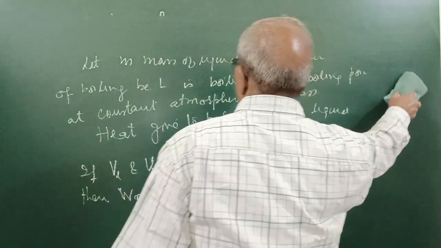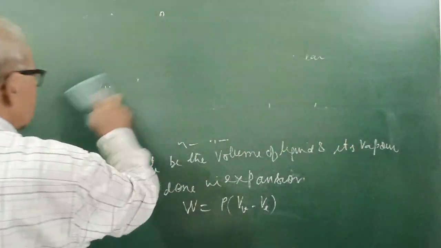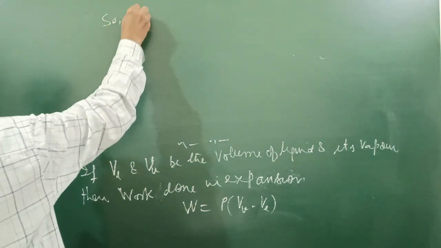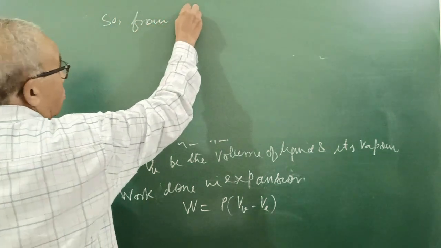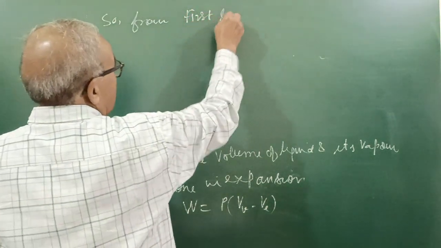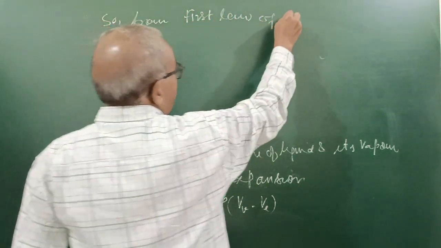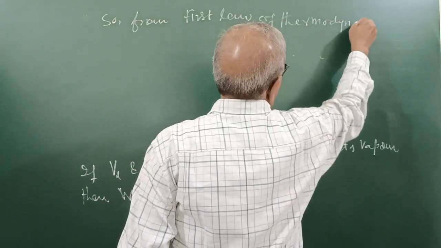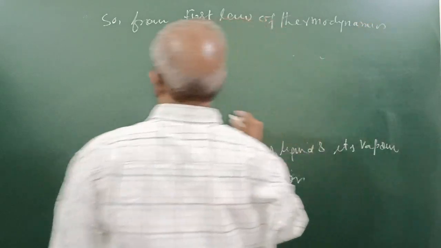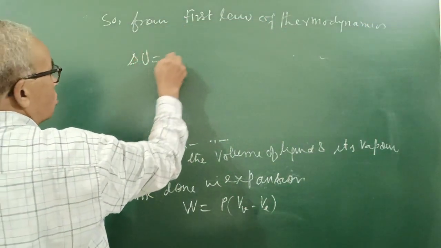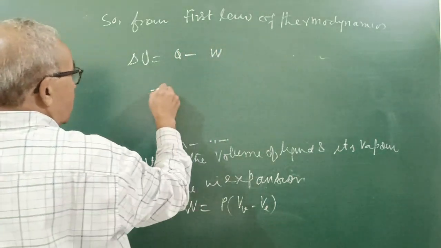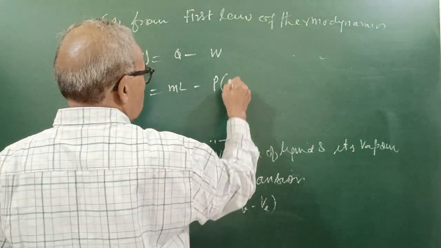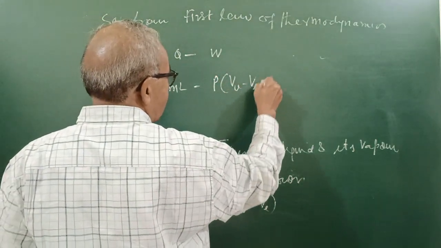Then from first law of thermodynamics, delta U is equal to Q minus W, that is mL minus P into (V minus VL).